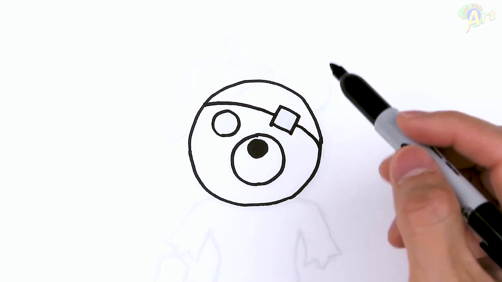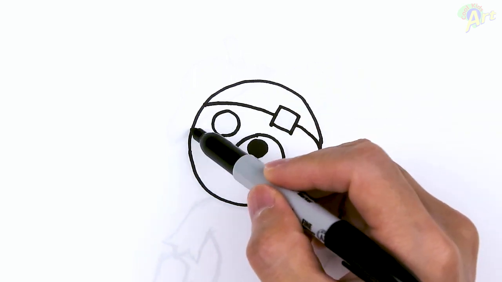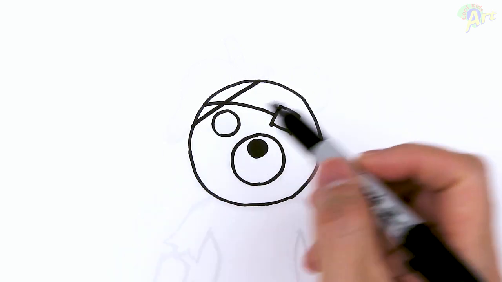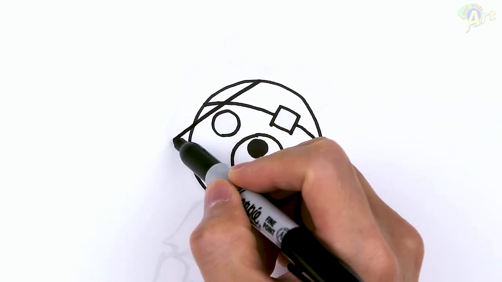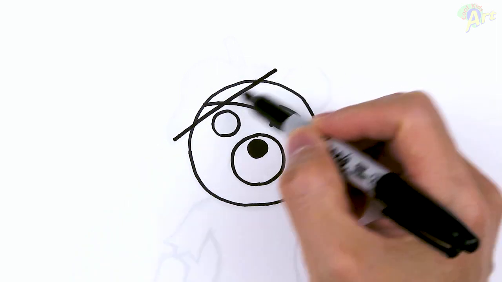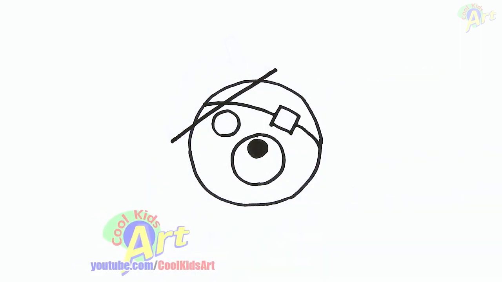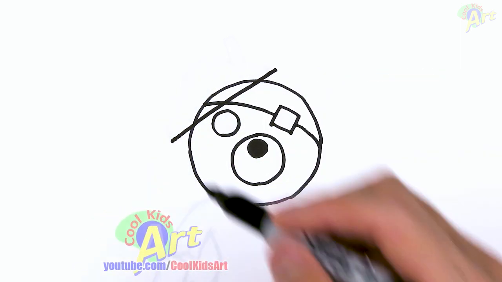Alright, so now we can draw in the hat. So right above the eye right here, in the circle, just draw a little slant like this first. So that's gonna be the bottom of the hat. I'm just gonna extend it out. I know it's very messy, but this is gonna be all black. That's why I'm just gonna go ahead and draw in the lines.